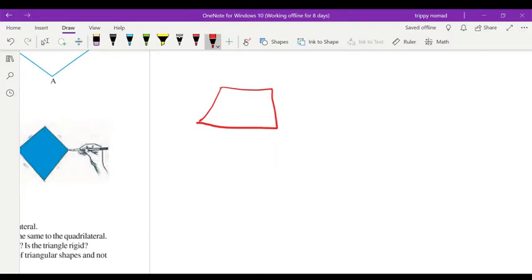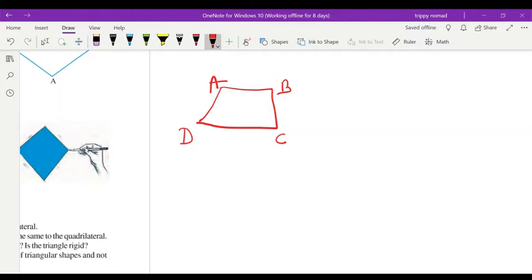You may write here A, B, C, D. This is called a quadrilateral. Or children, you may write it as a polygon, one type of polygon, which is made by four sides. That is also called a quadrilateral.